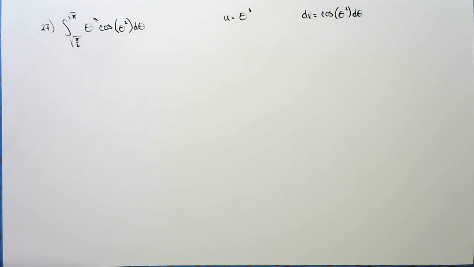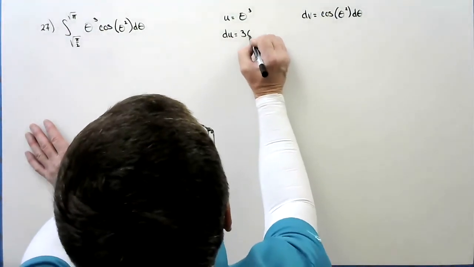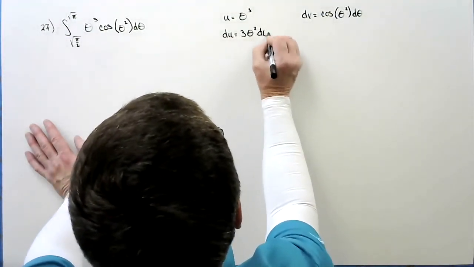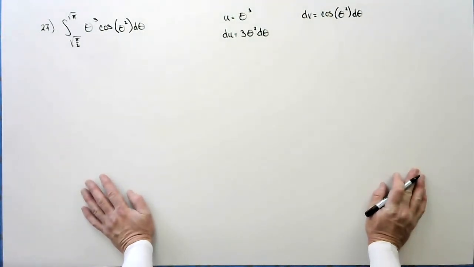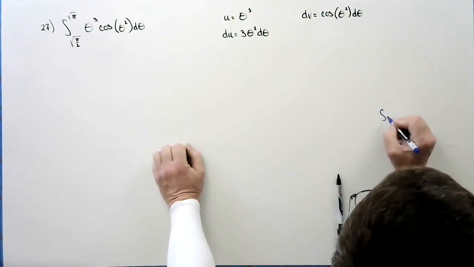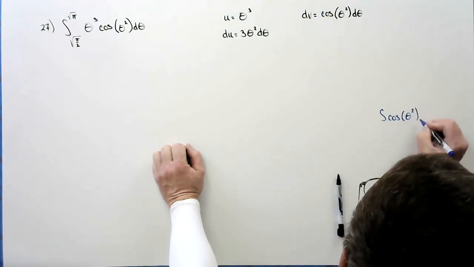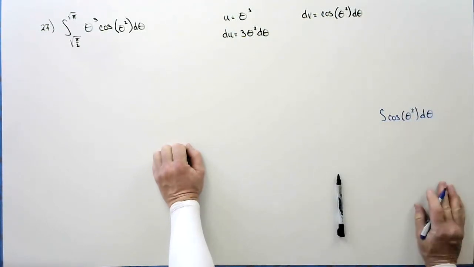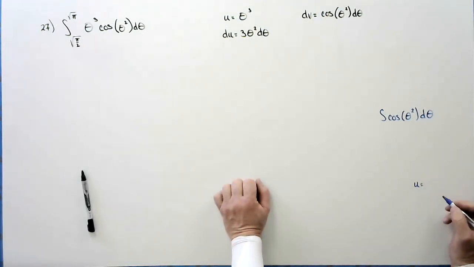Now we know the game. The game is going to be to take the derivative here. That's going to be 3 theta squared d theta. And over here, we're going to have to integrate. Now, perhaps we're going to have to do a u sub because we have cosine theta squared, right? If we try to do that, we would say, well, we're going to let u equal theta squared.